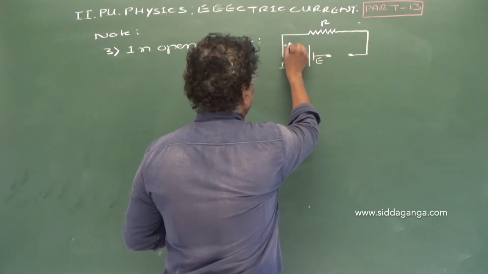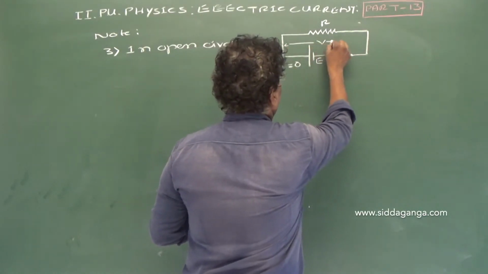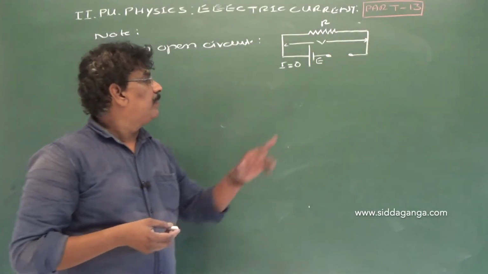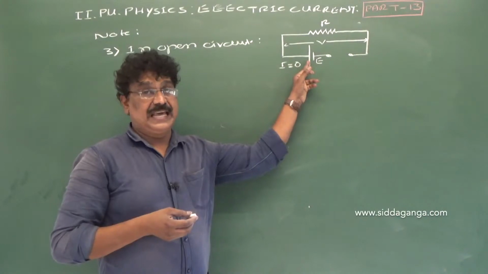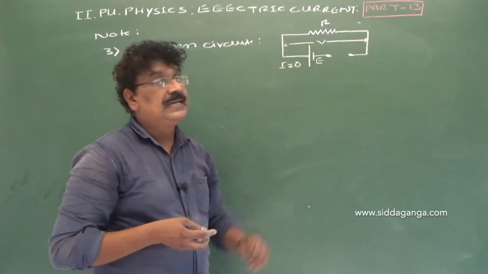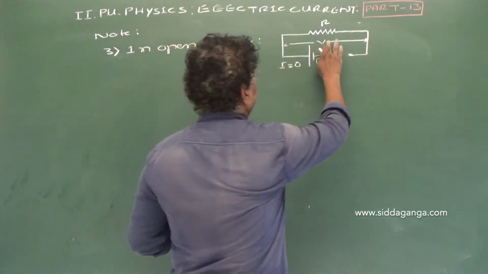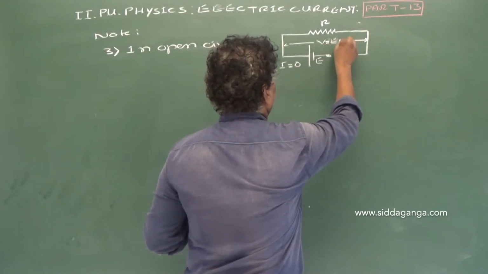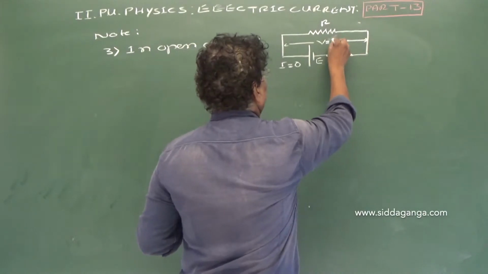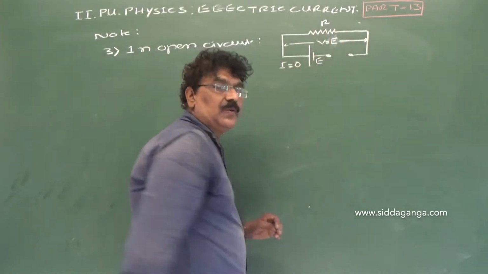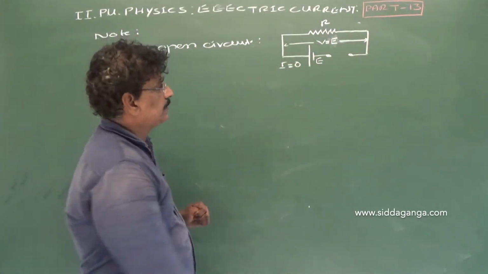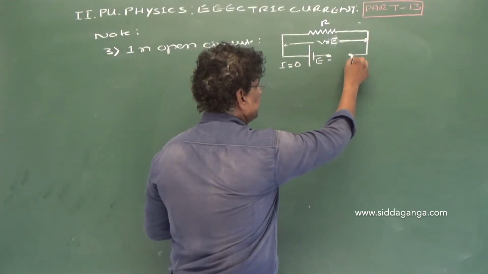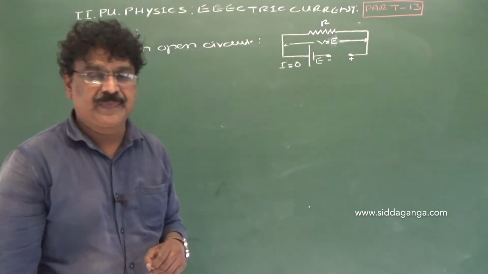Now there is a potential difference across the terminals of the cell. This potential difference is equal to the EMF of the cell, because this is at negative potential and this is at positive potential.